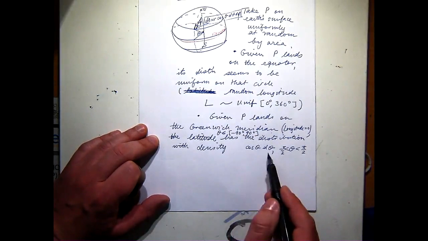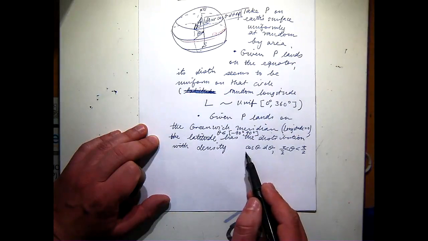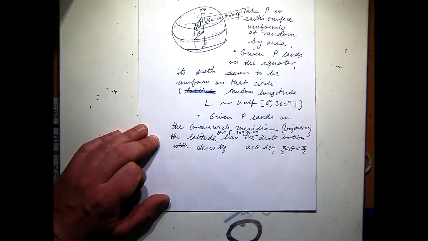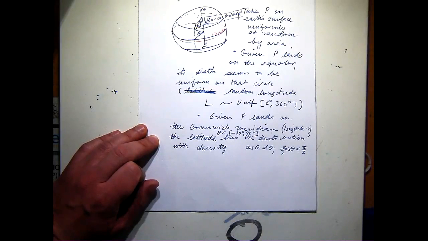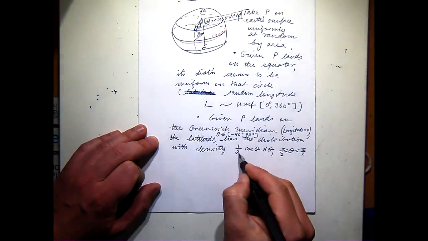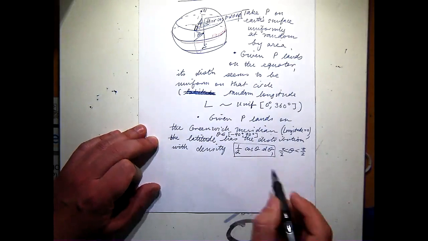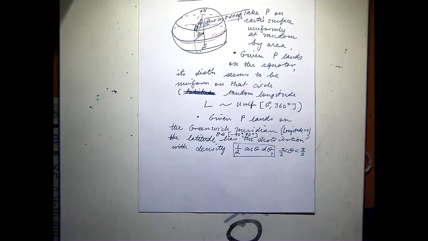But I'd better put in a factor so that this integrates up to 1. As you may know, the integral of cosine is sine, going from minus pi over 2 to pi over 2, so that'll be a range of 2. So I should do 1/2 cos theta d theta. That's a perfectly good density function on the interval minus pi over 2 to pi over 2.